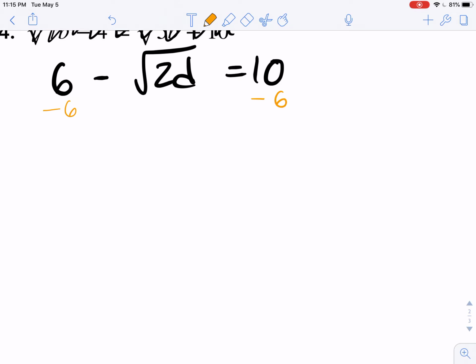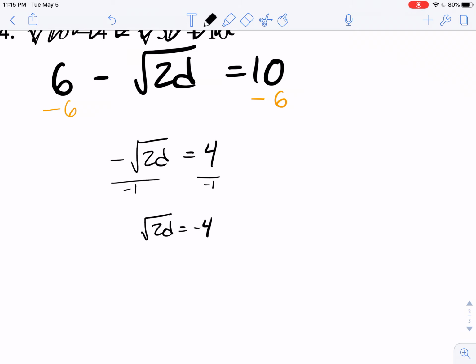We'll subtract 6 from each side. This gives us the negative square root of 2d equals 10 minus 6, which is 4. Cool. Then, we need to make everything else negative, so we divide by negative 1 on both sides. So we get the square root of 2d equals negative 4.